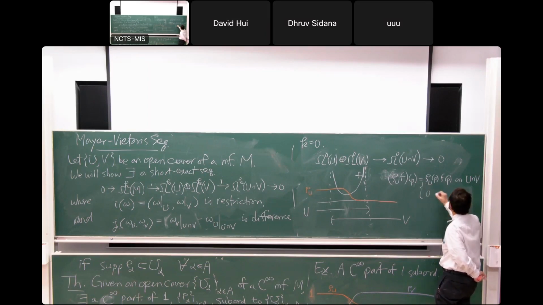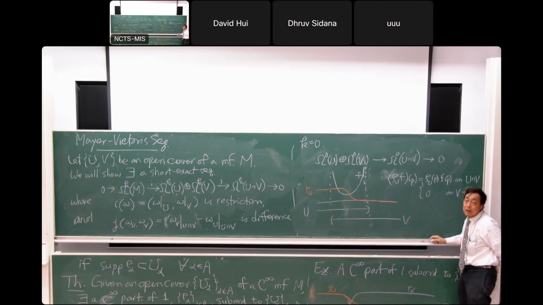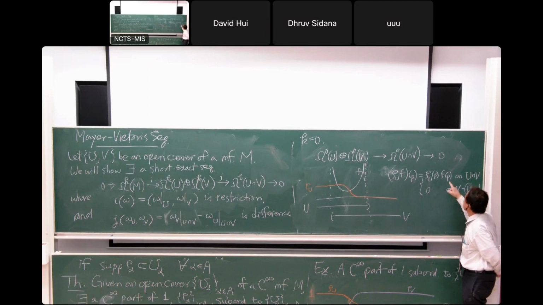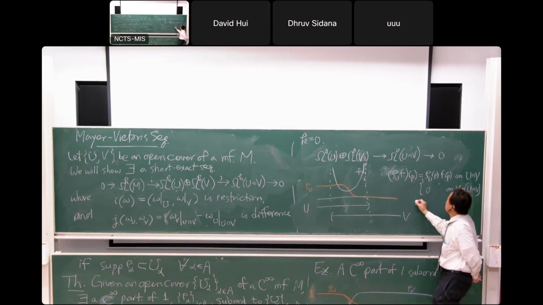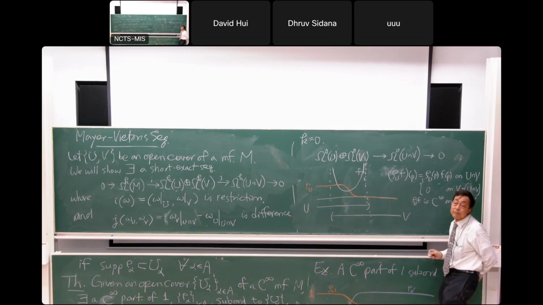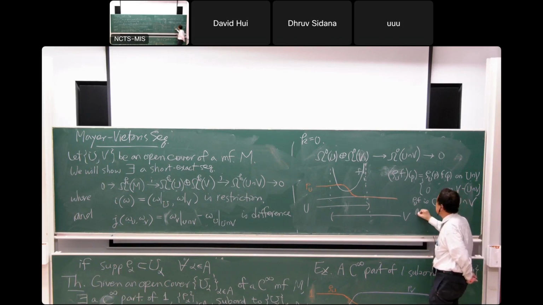And then you define it to be 0 on V minus the intersection. And why is it C infinity? Because on U intersection V, it's the product of two C infinity functions. So rho U f is C infinity on U intersection V as the product of two C infinity functions.